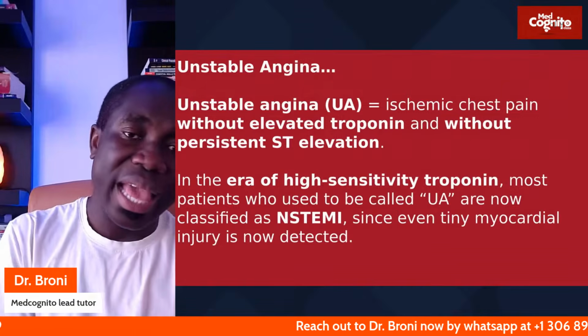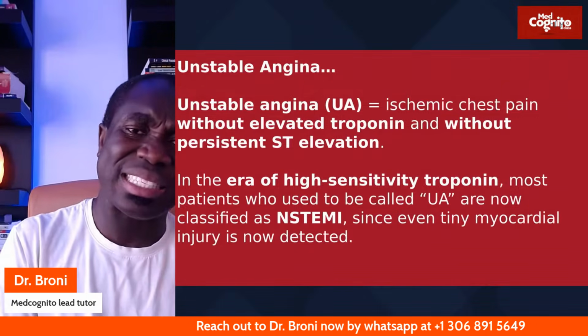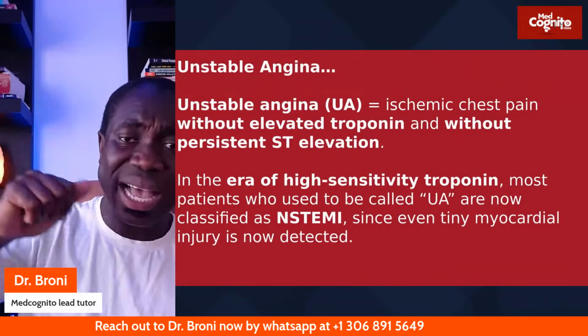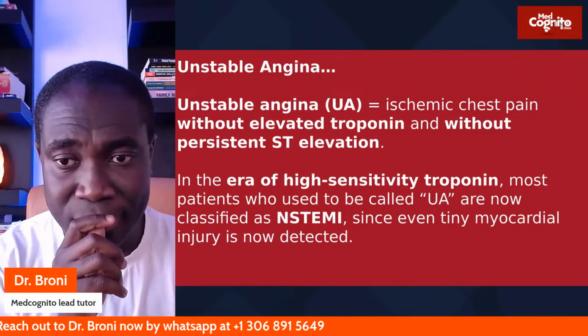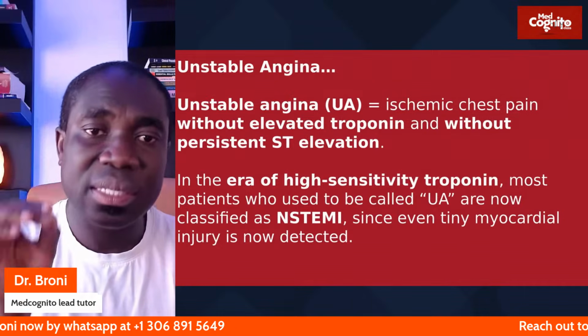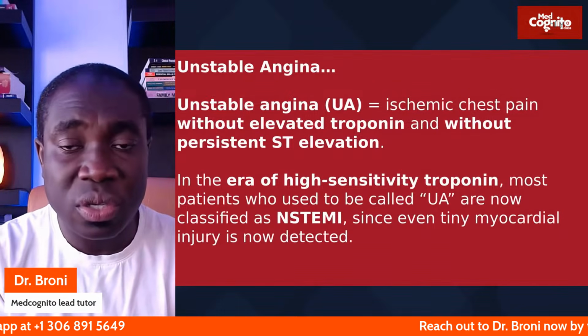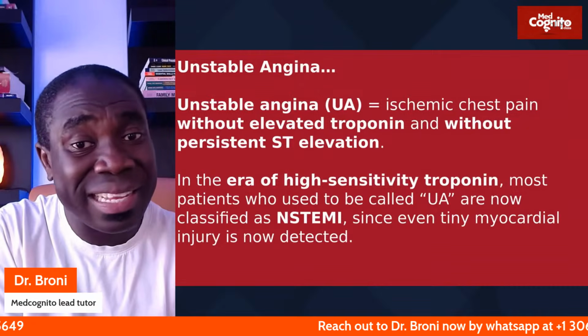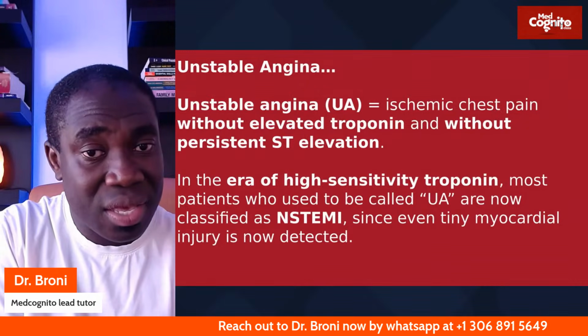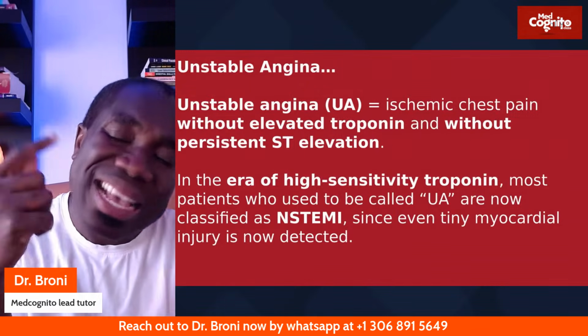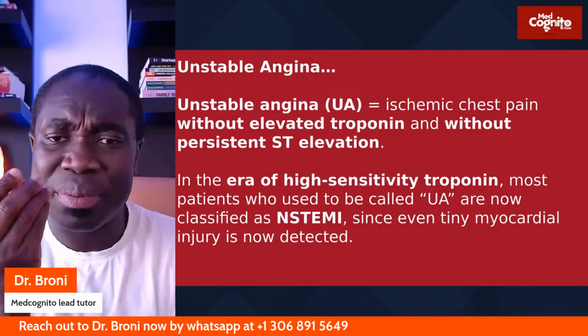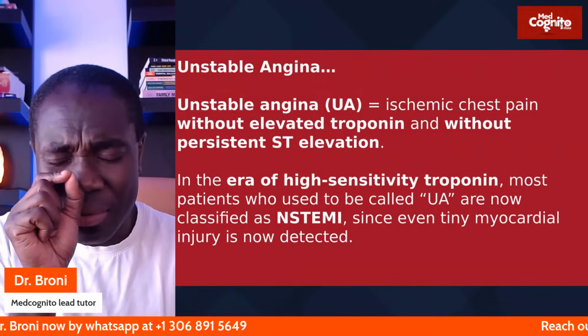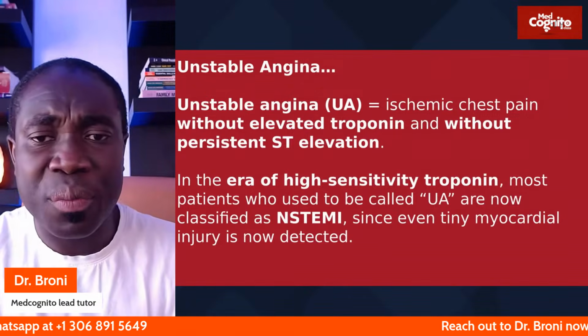And in the era of high sensitivity troponin, as we discussed when the class started, most patients who used to be called unstable angina are now classified as NSTEMI because the high sensitivity troponin is able to pick up even the least amount of troponin which is released into the bloodstream.